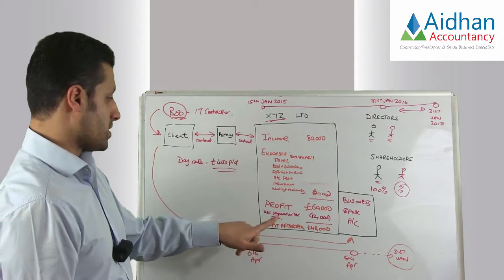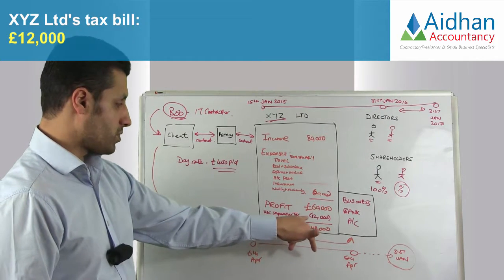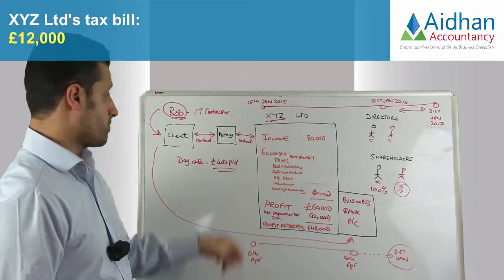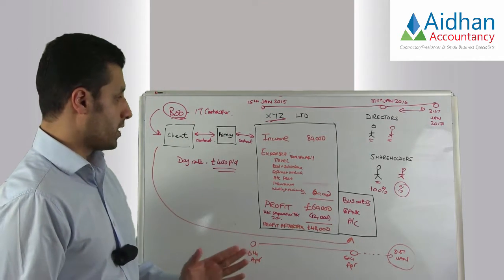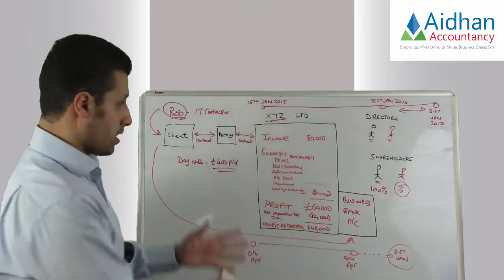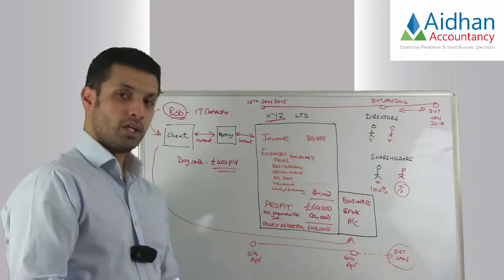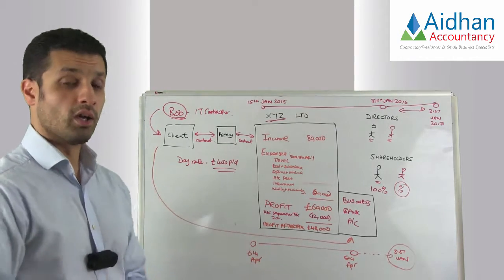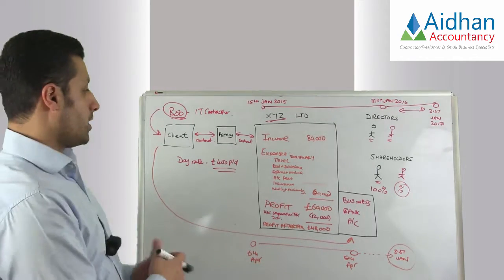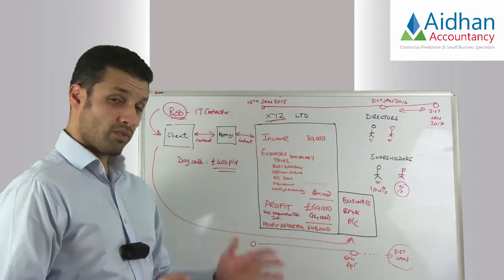So coming back to this now, £12,000 is the amount of tax Bob's company has to pay, okay? Now, the difference between, again, a permanent employee and somebody who operates through a limited company is that a permanent employee pays their taxes every month as they go along, i.e. pay as you earn. In a limited company scenario, that's not the case.